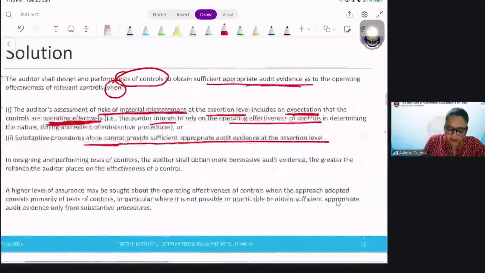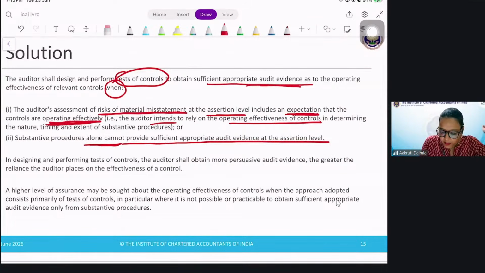So this is what it is trying to say. The auditor's assessment of risk at assertion level includes an expectation that controls are operating effectively, which means the auditor intends to rely on the operating effectiveness to decide nature, timing, and extent.